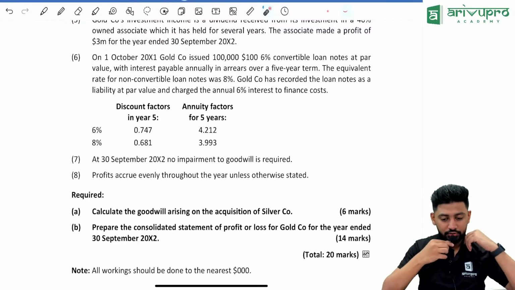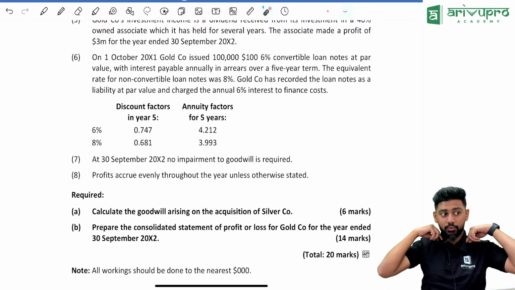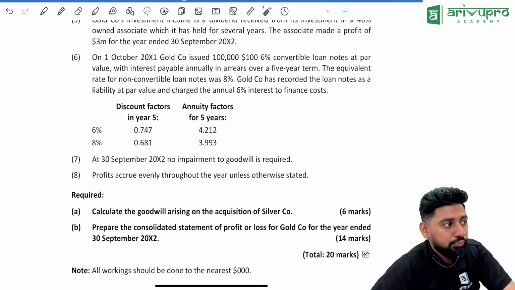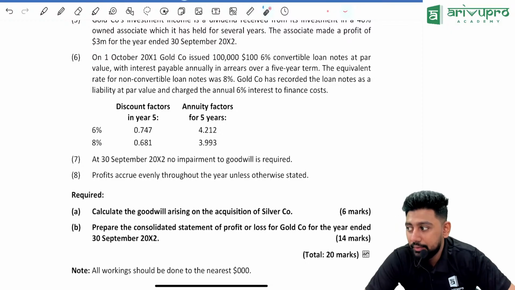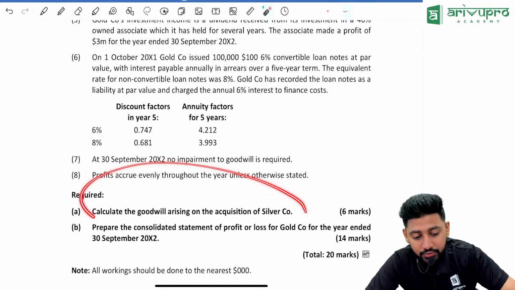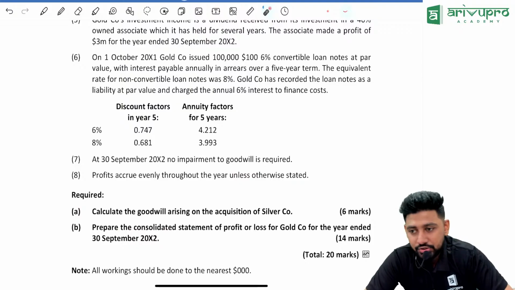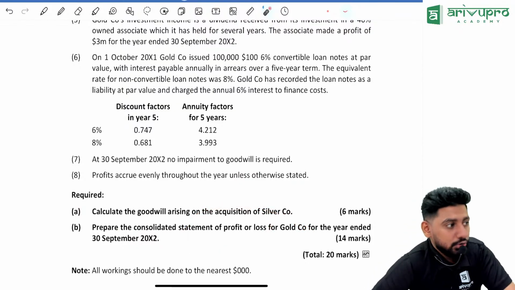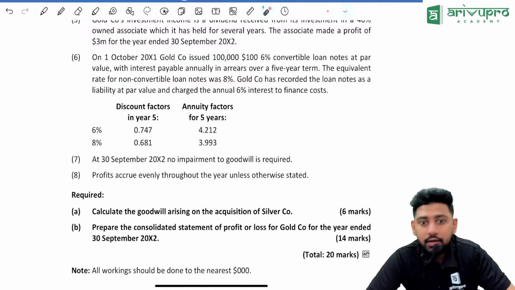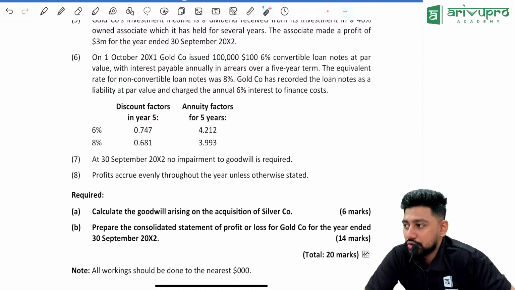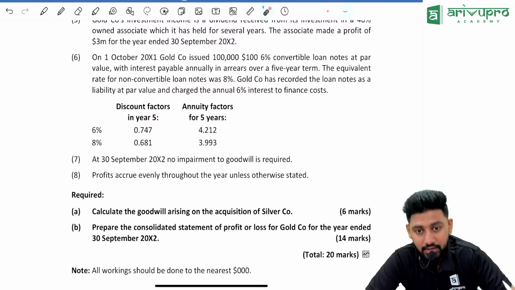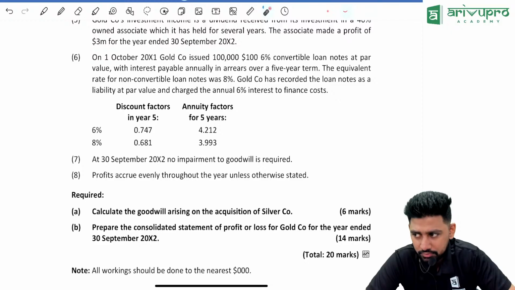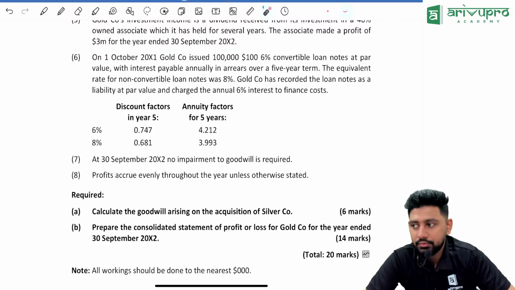Okay. So coming back, guys, requirement like this is very popular in the exam. I see this as a very popular area by the examiner, where the examiner wants you to calculate goodwill plus consolidated P&L. So the requirement is to do the goodwill, number 2, do P&L, consolidated P&L. Okay? Done this before? No? Okay. Anybody tried? Tried. Okay.